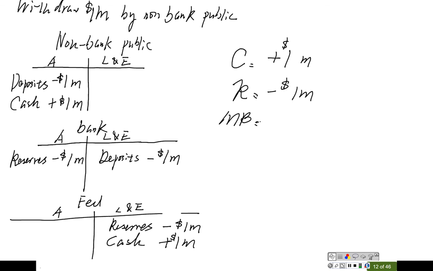Monetary base is equal to the currency plus reserve. So currency increased by $1 million, but the reserve went down by $1 million. So these two will cancel out each other. So for the monetary base, the change will be 0, which means the monetary base remains the same.